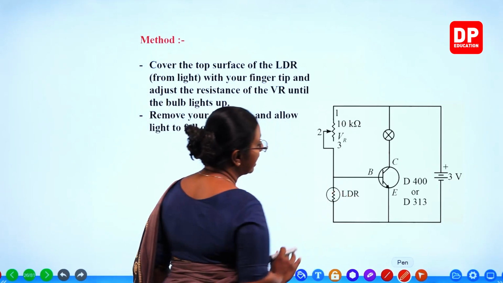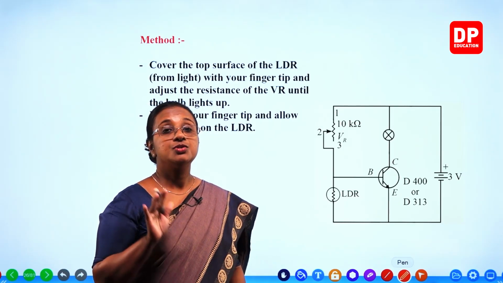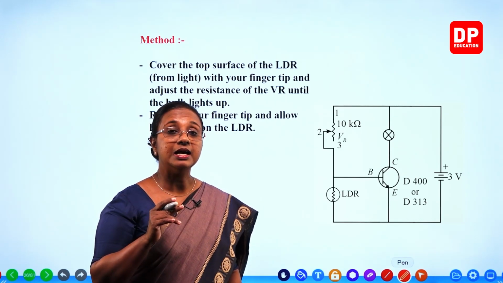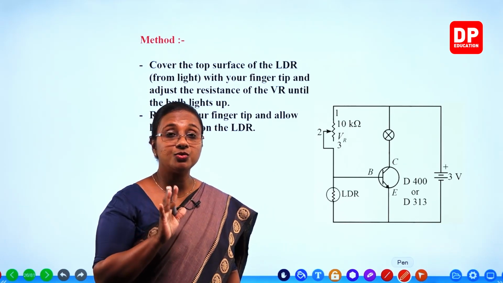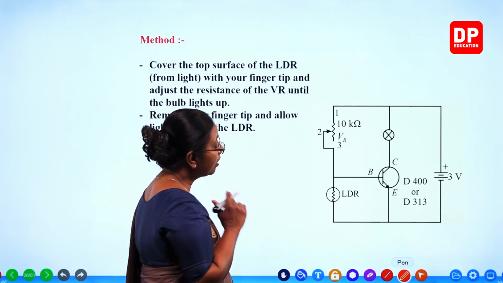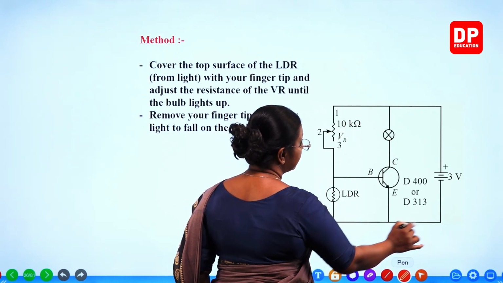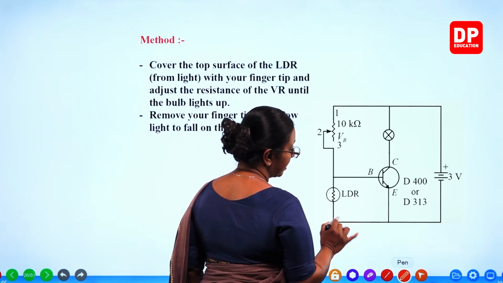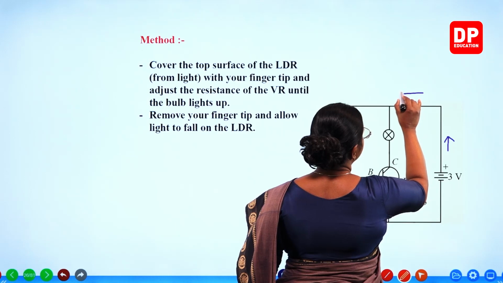Initially, when the LDR is covered, there is no light incident on it. Because of that, there is going to be a large amount of resistance. When there is no light incident, the resistance of the LDR is high. So the resistance of this external circuit is going to be high. At the same time, current flows this way up to this point.